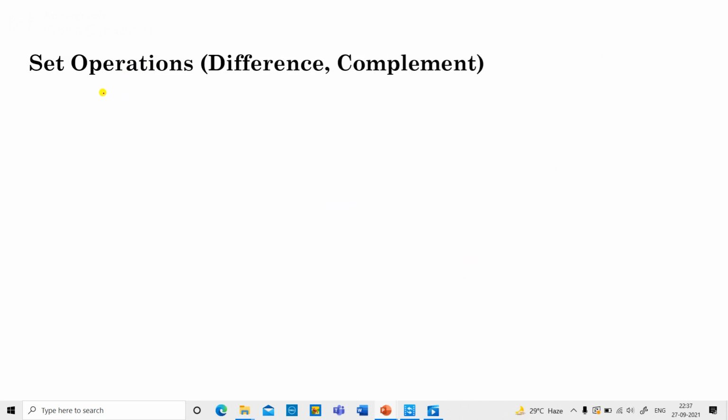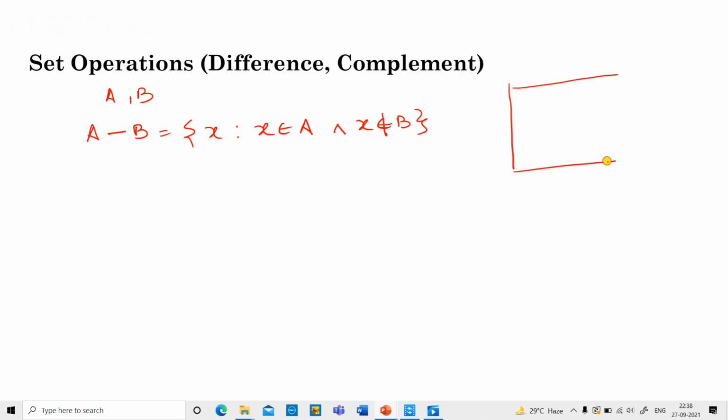Now difference of two sets. Suppose A and B are two sets. The difference of A and B is A minus B. This is the set of X such that X belongs to A and X does not belong to B. It means we have to remove all the elements of B from A. Now how can we make the Venn diagram of A minus B?